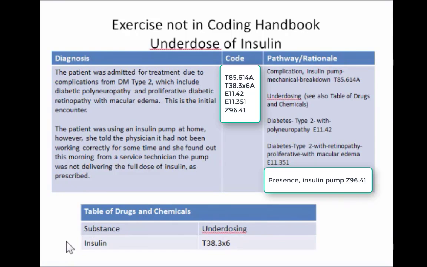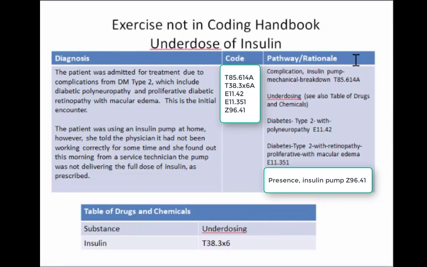There is a column in the table of drugs and chemicals for underdosing, and we would look up insulin as our substance, and here would be your underdosing code. So that takes care of that T38 code, and we would add the sixth character A for initial encounter. Our documentation tells us this is an initial encounter. But this T85 code, we need to find that one, and that is found in the alphabetical index under complication.